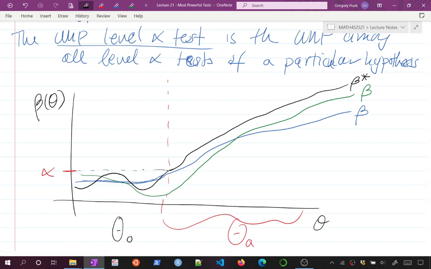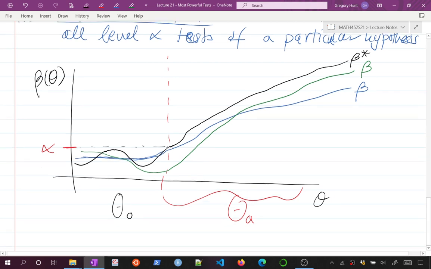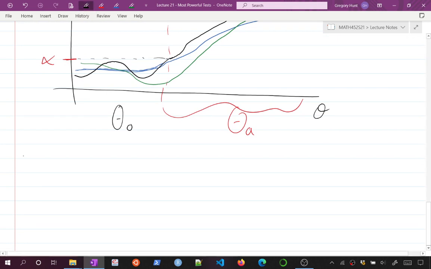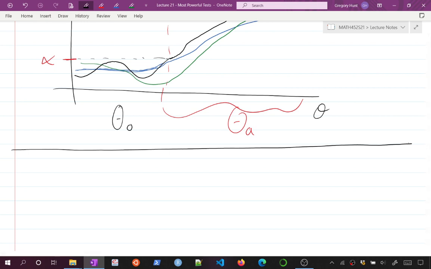And typically, we're going to talk about UMP level alpha or UMP size alpha tests. We're going to talk today about how we find these, and under what conditions we can be sure that the test we've developed is the best kind of level alpha test.